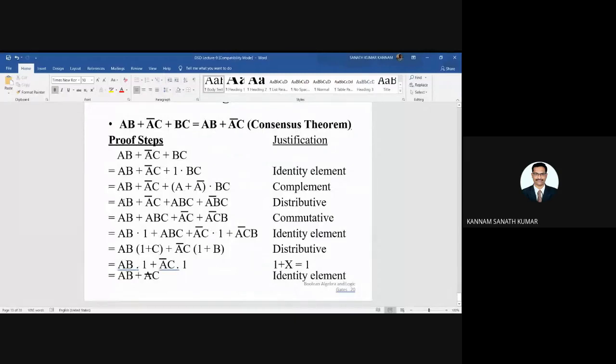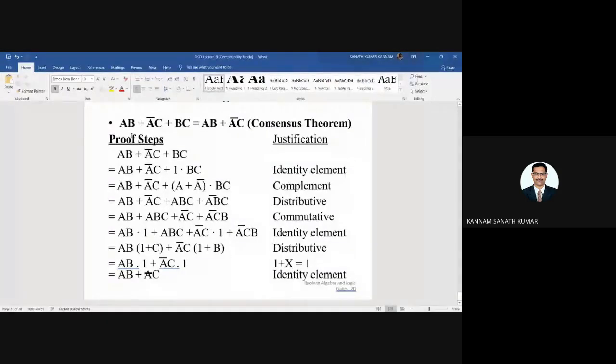Now the proof. Taking the LHS, AB plus A bar C plus BC. From the identity law, I can write BC as 1 into BC. From the complement law, I can write 1 as A plus A bar, into B C. Now multiply using the distributive property: ABC plus A bar BC.